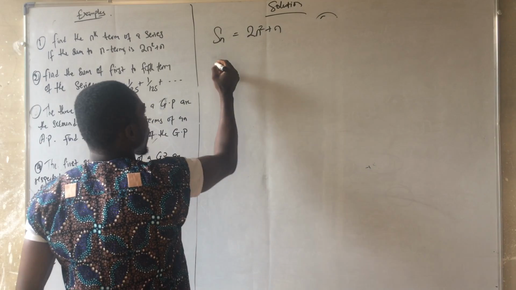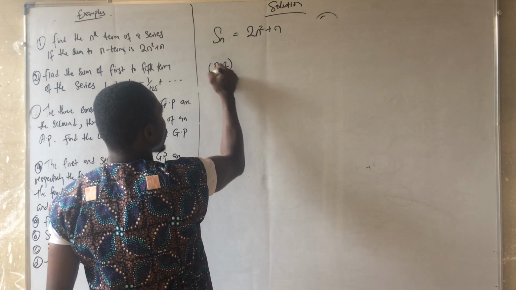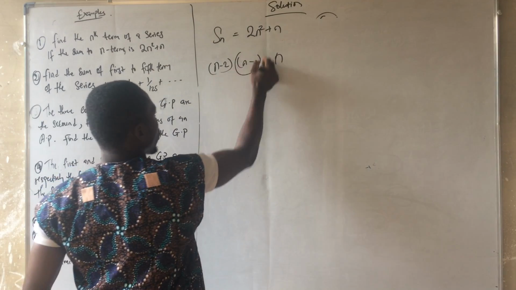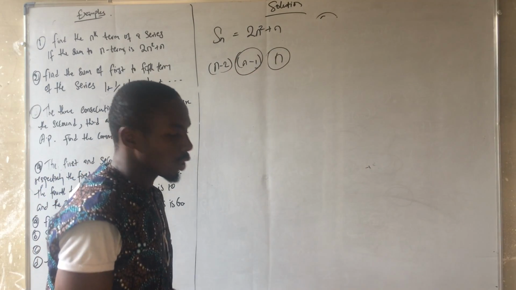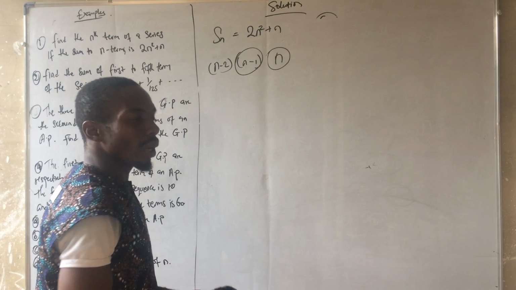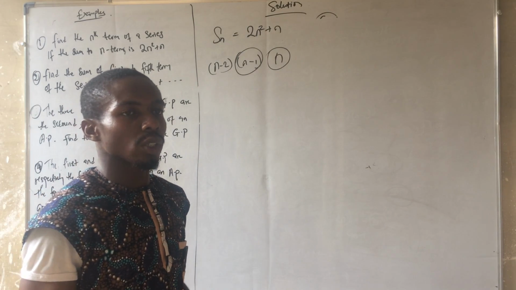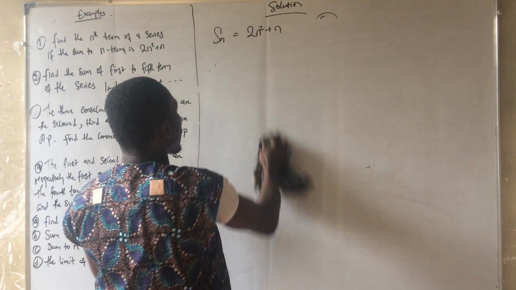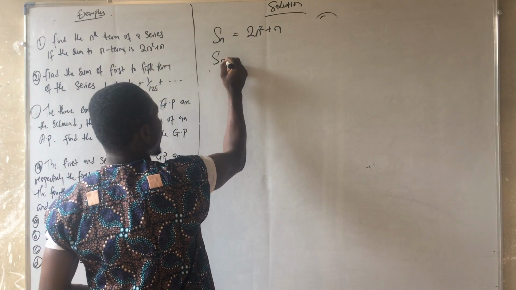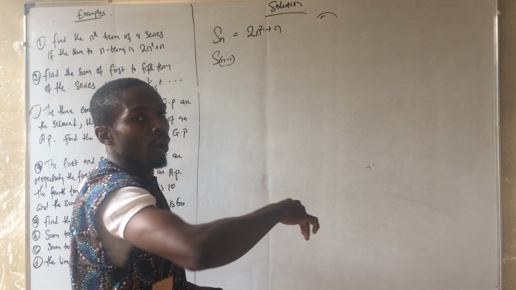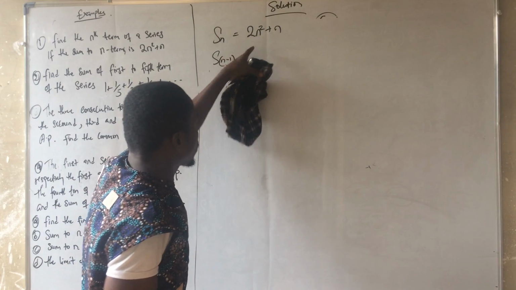And we know that we have n minus 2, we have n minus 1, before we have n. But n minus 1 is closest to n, so we use n minus 1. Remember, we are dealing with series, so everything we are going to do is going to be in series. So now we find the sum to n minus 1 of this. Since the sum to n is this, we find the sum to n minus 1 of this again.